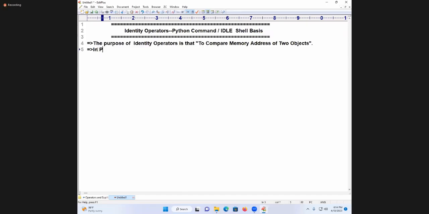In Python programming, we have two types of identity operators. Number one is is, and the second one is is not.